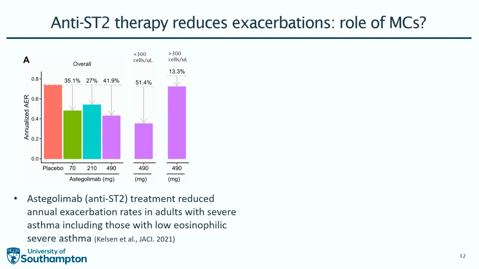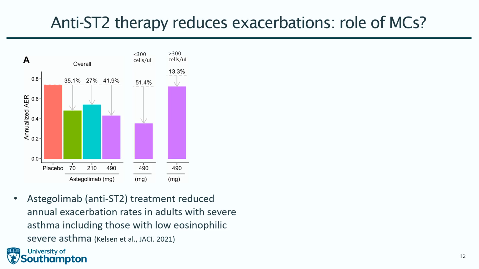So then the question is, will these therapies be effective in severe asthma? The short answer is that studies are ongoing; there are anti-IL-33 therapies where we're still awaiting the outcomes of trials. But for the anti-ST2 trial, published back in 2021, it was effective at reducing annualized exacerbation rates in patients with asthma.